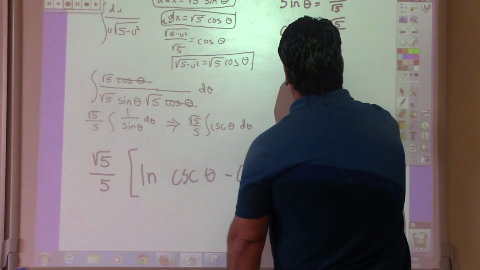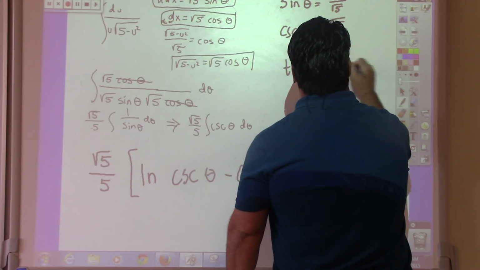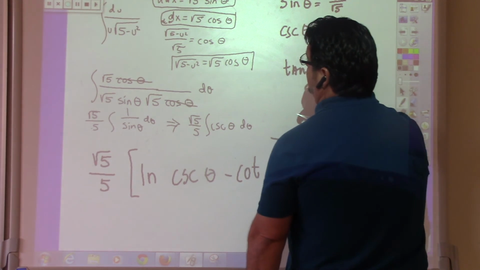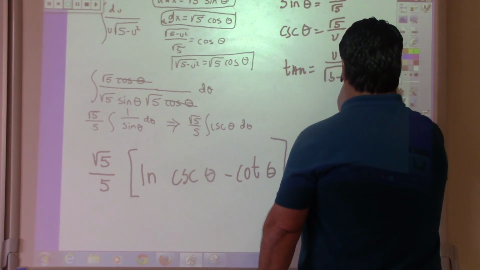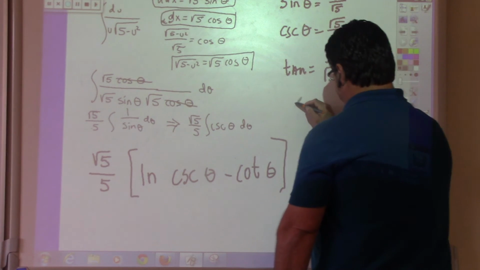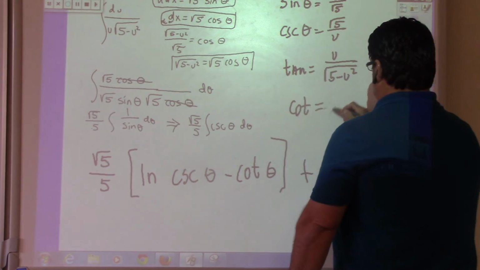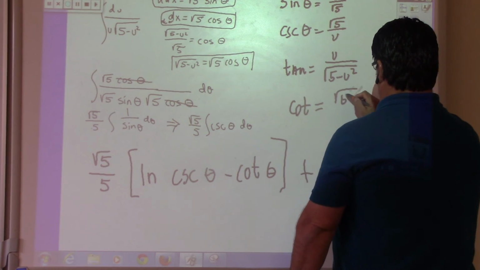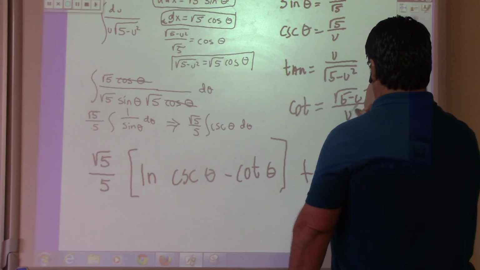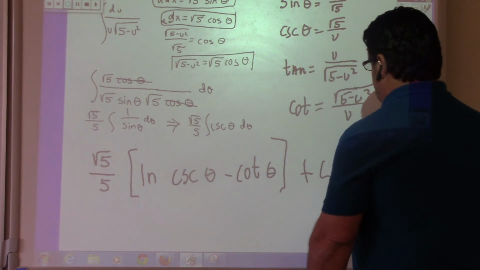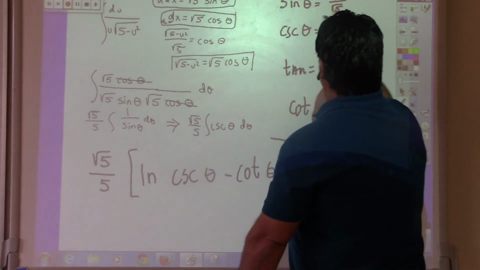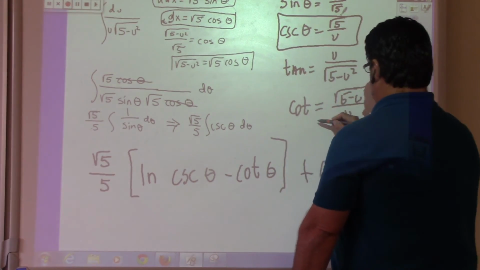So what's the cotangent? Square root of 5 minus u squared over u. Thank you, class. So now we've got the cosecant and the cotangent.